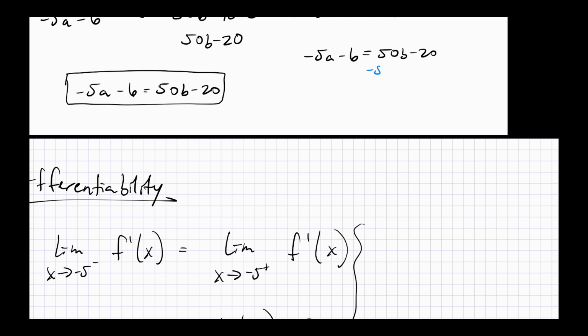I'm going to subtract 50b from both sides, and I'm going to add 6 to both sides. So I get negative 5a minus 50b equals negative 14.